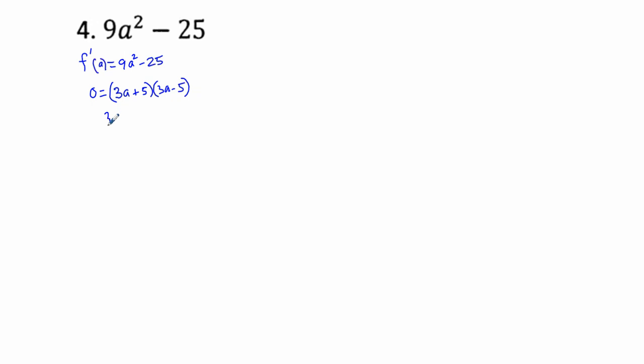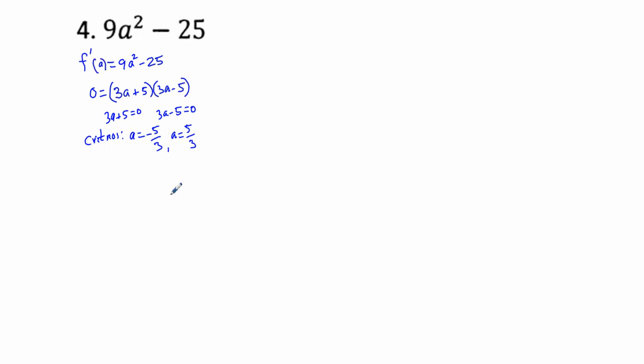So we're going to have 3a plus 5 is equal to 0, and 3a minus 5 is equal to 0. So our critical numbers, a equals negative 5/3, and also a is equal to 5/3.